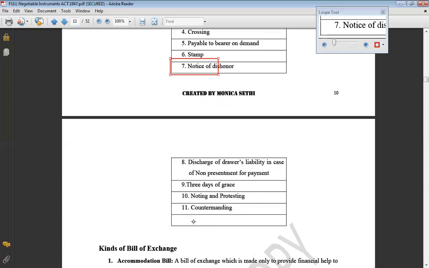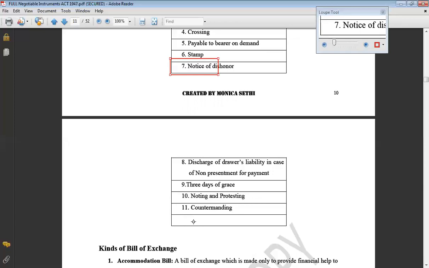And in that case, the person who was to receive that payment on check will get the payment on check in this case also, even if he has not presented it. But the same situation will not be there in case of bills of exchange. That means in case of bills of exchange, if you do not present it for payment, the other person is not bound to make you payment later on.